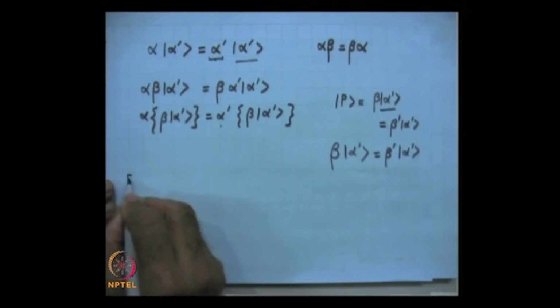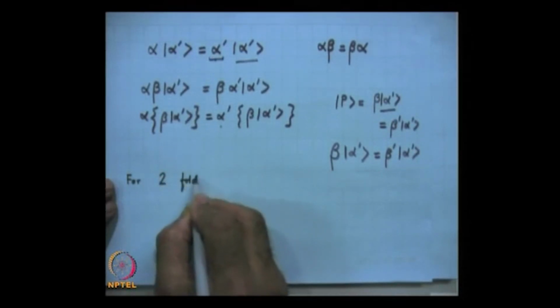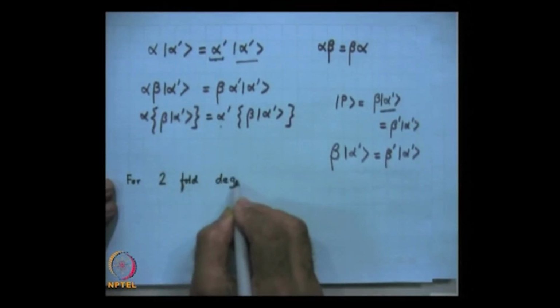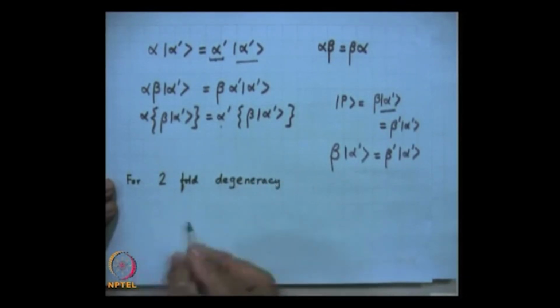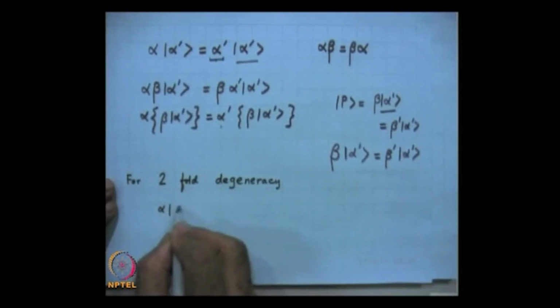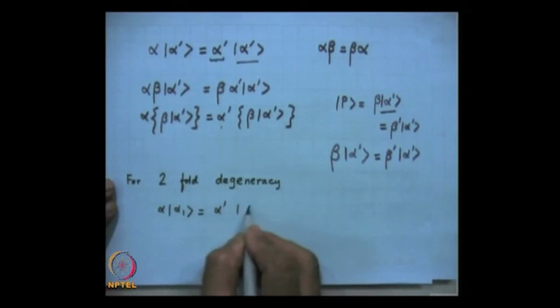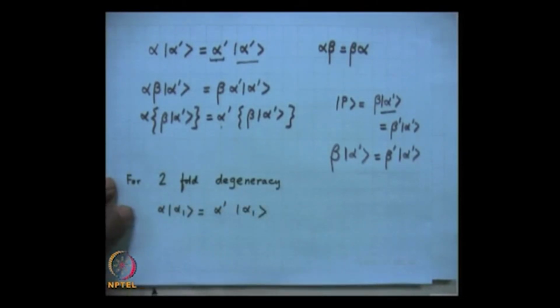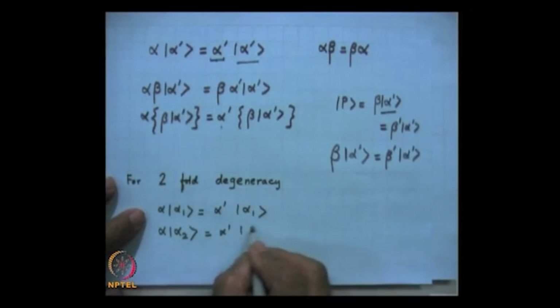So, for twofold degeneracy, we can have two linearly independent kets, denoted as ket alpha prime alpha 1 and ket alpha prime alpha 2.